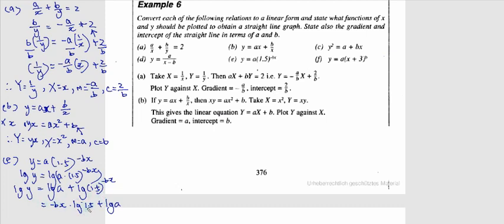Now, after this, let's regroup them: minus b log 1.5 times x plus log a. Now, if I rearrange this, log y is equal to minus b log 1.5, then you got an x here, then you got log a.